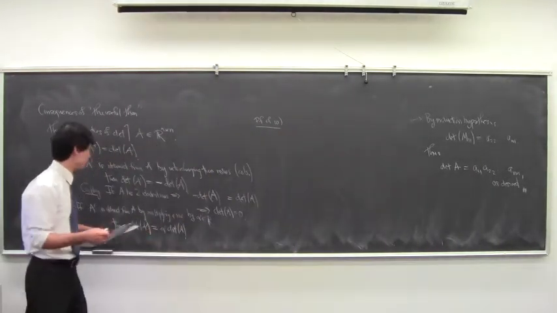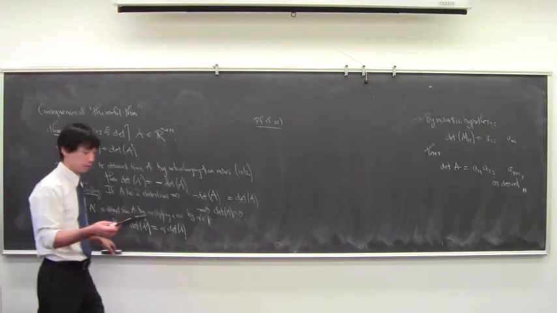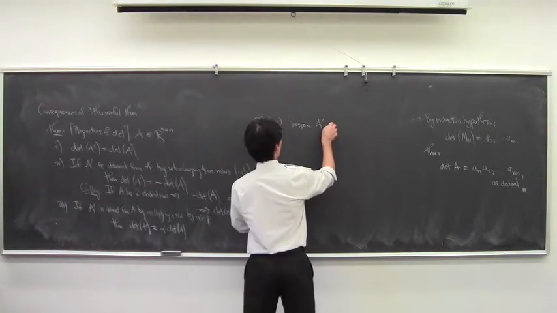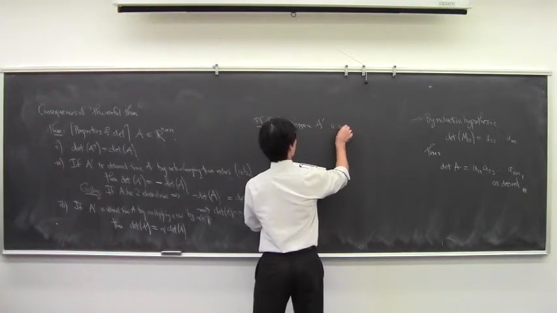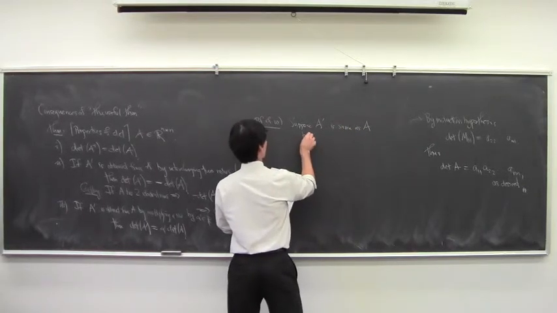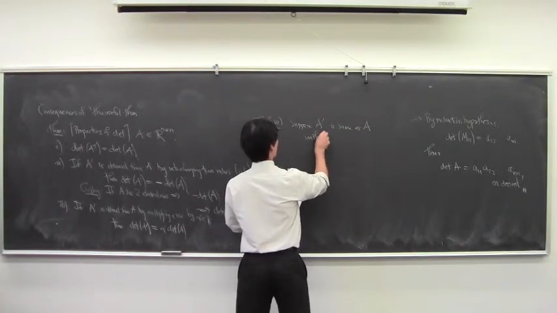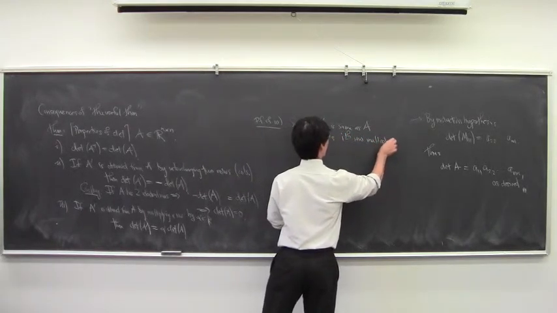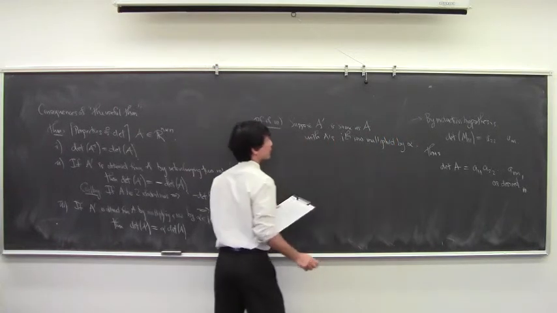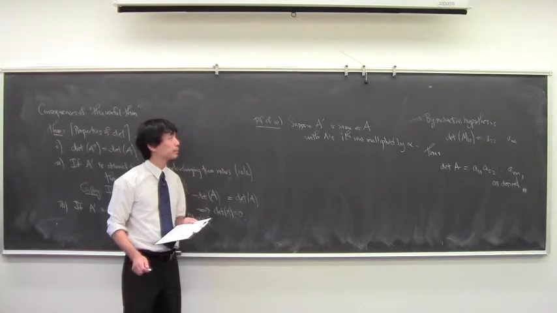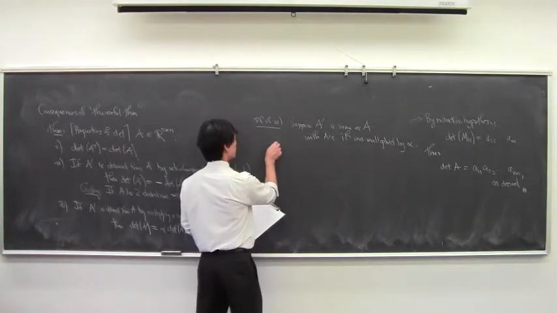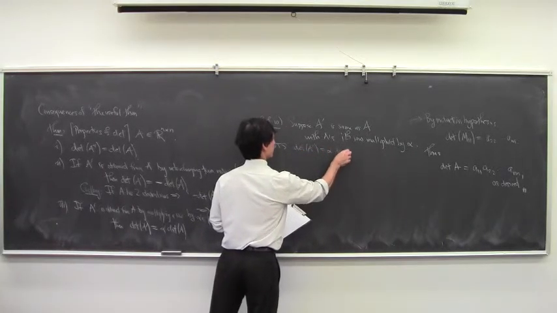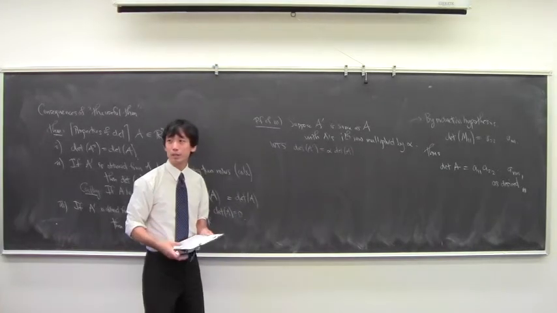Right. So suppose A prime is the same as A, but with A's ith row multiplied by alpha. And we want to see that the determinant of A prime equals alpha times the determinant of A. So we just do what Mia said.